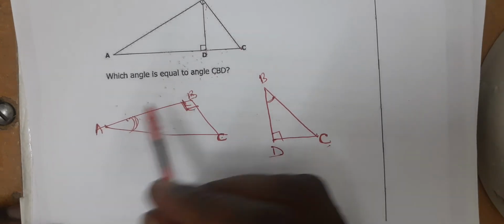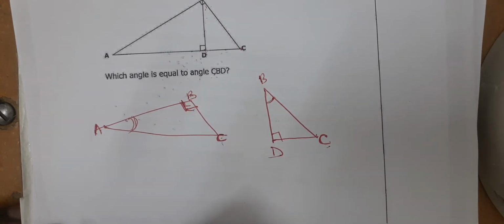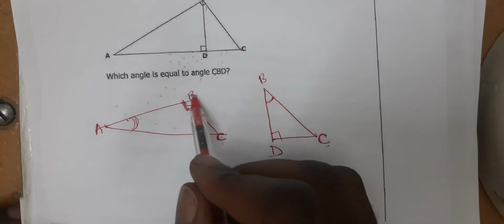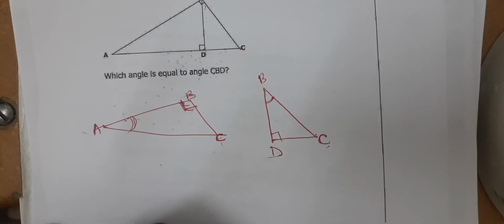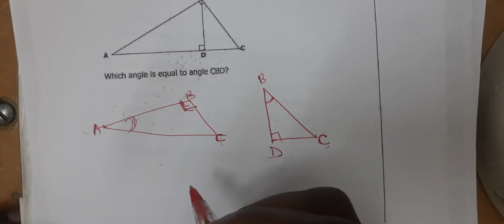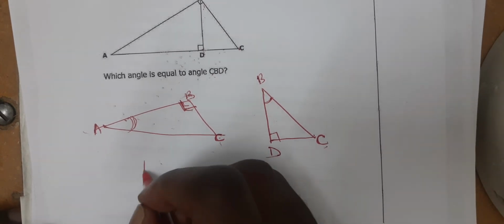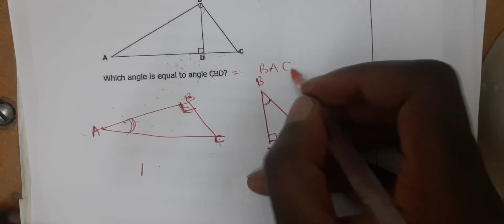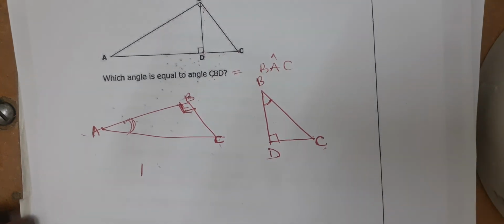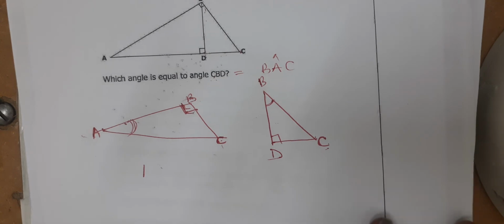Okay, it's BAC. That's what we are going to have. This one is equal to angle BAC. So these are the answers that we're supposed to write.